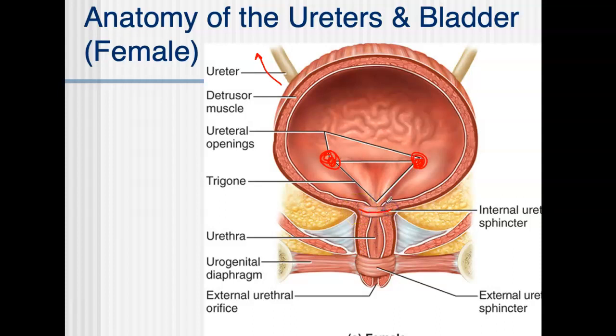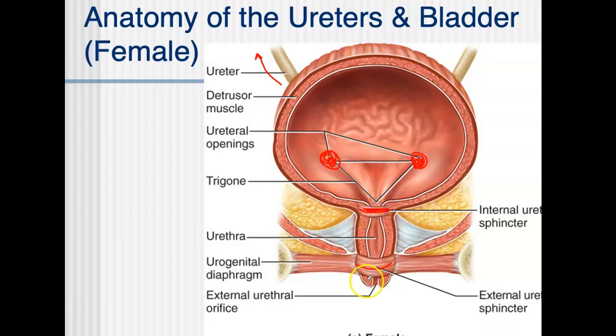So a sphincter here is going to allow you to tighten this muscle up and not let urine flow, and tighten this muscle up and not let urine flow. So we have two of those. One is the internal urethral sphincter and the external sphincter. Two sphincters.